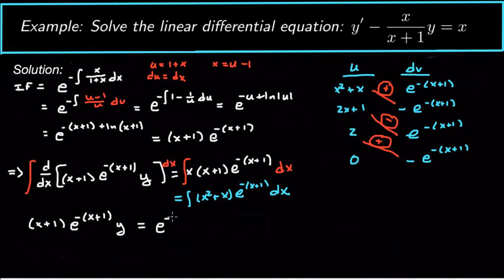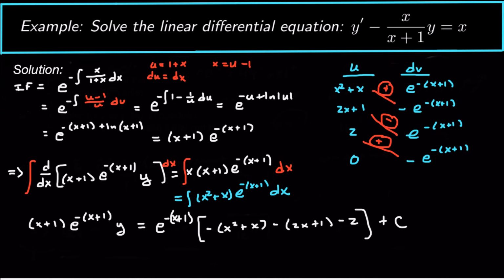E to the negative x plus 1 times, multiply these, I would get negative x squared plus x, minus 2x plus 1, minus 2, plus c. So this is very involved.